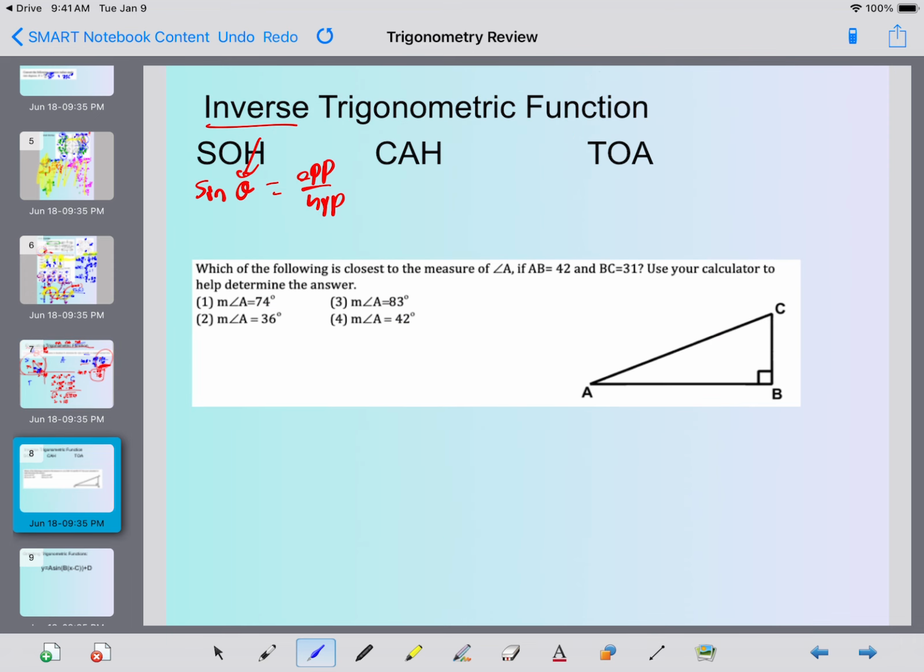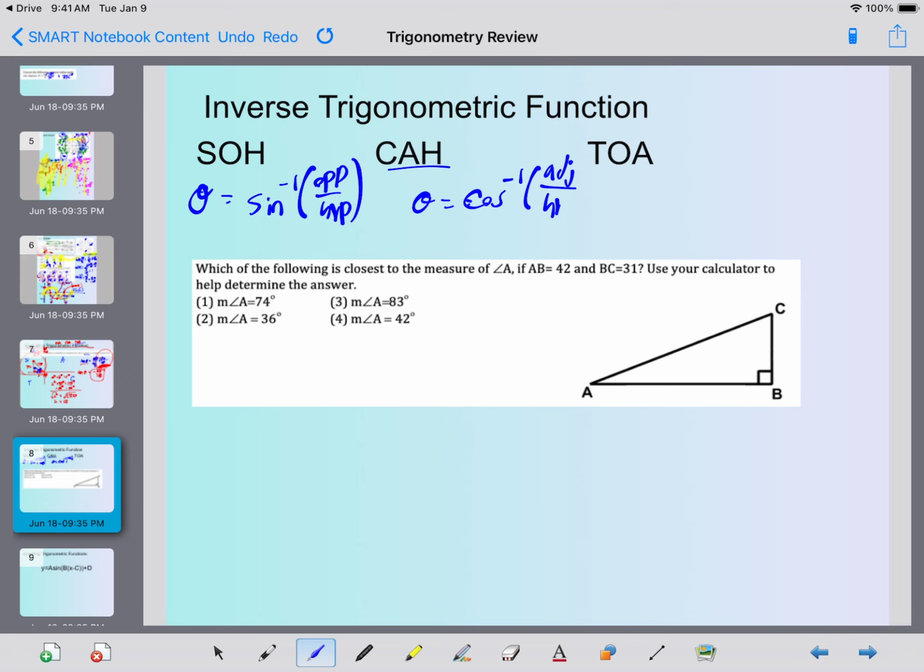So in this case, for sine, if you wanted to find what the angle equals, you would do the inverse of sine of the opposite over the hypotenuse. In the case of cosine, the angle would equal the inverse of cosine of adjacent over the hypotenuse.